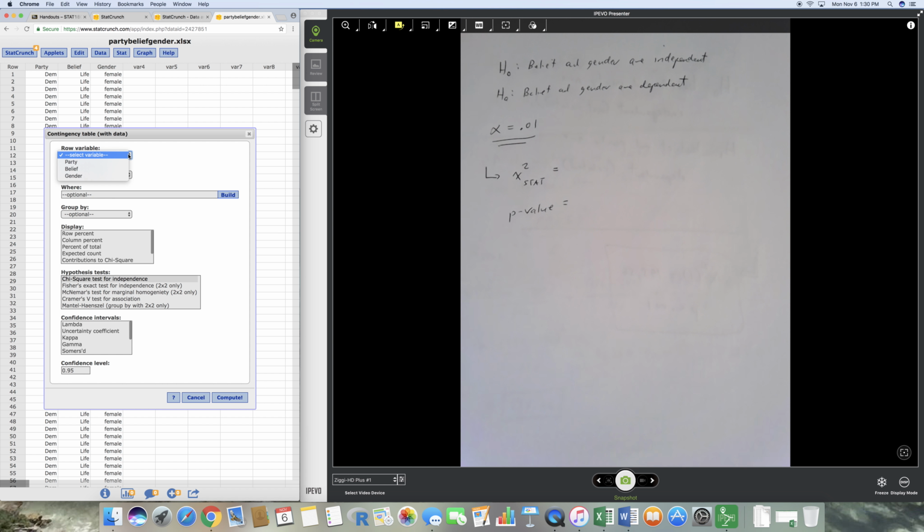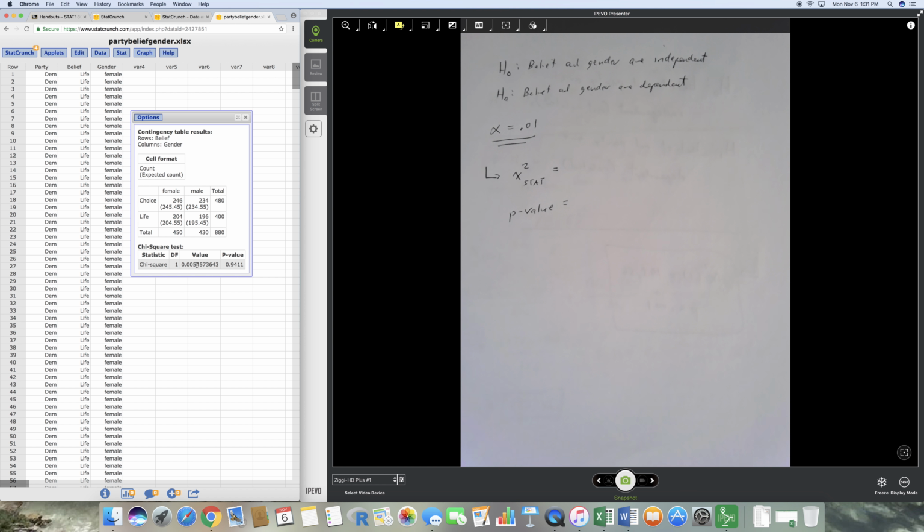My row variable is going to be belief, and my column is going to be gender. I want my expected cell count, and I want to run my chi-square test for independence. You'll find out when you study these things that Fisher's exact test is a lot better when you do a 2x2, but it will only give you the p-value. So if we want the chi-square test statistic, we have to make the selection chi-square test for independence. Okay, compute.